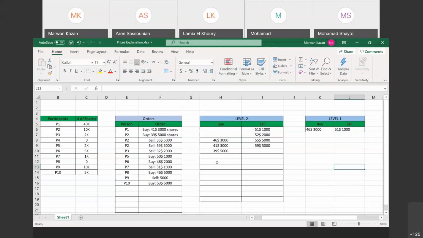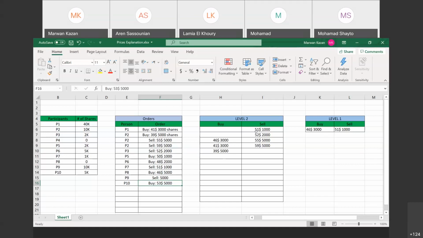Okay. Now see what participant 10 is gonna do. Participant 10 wants to buy at $53, 5,000 shares. Okay. So he wants to buy and he is a limit order. As we see here, we have 51, 52, 55. He wants to buy at 53.